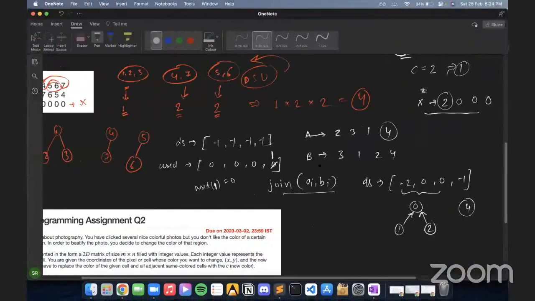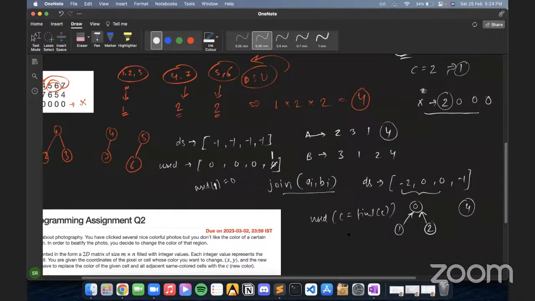Basically, it will go to the parent of 1. What is this doing? Find C. It finds the parent of C. C here is 1.